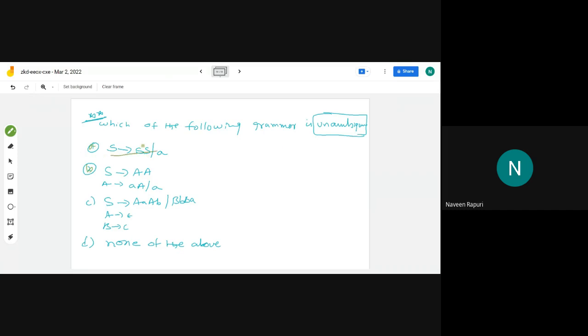Suppose we take the first one. S derives SS. For the first S, I put A, and for the second S, I put A. Coming to another order, I try again.